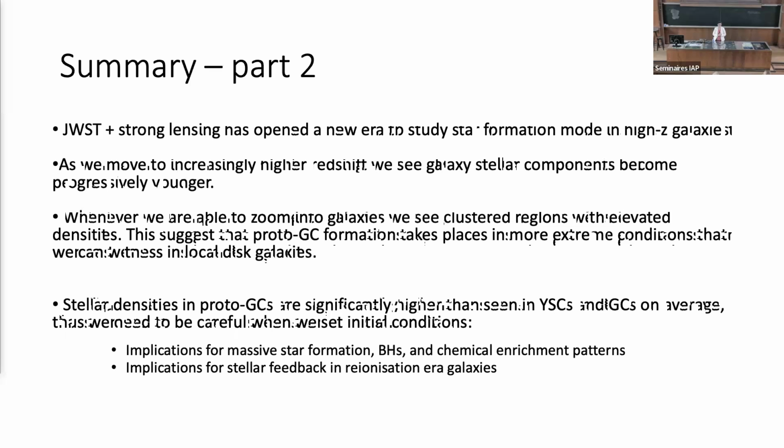Yeah, another question. It has been claimed by observations that black hole feedback can induce star formation, for instance the famous Minkowski object and many other examples.